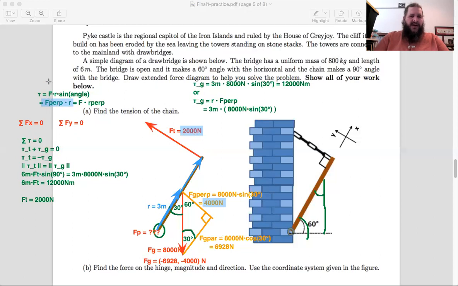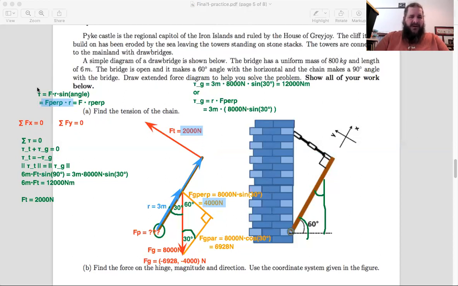You could also write it as the entire force of tension, which is 2,000 newtons, times the radius, which is 6 meters, times sine of the 90-degree angle. But sine of 90 degrees is 1, so that means it doesn't actually influence the result. All right, yeah, thank you. Either way, you get the same thing.